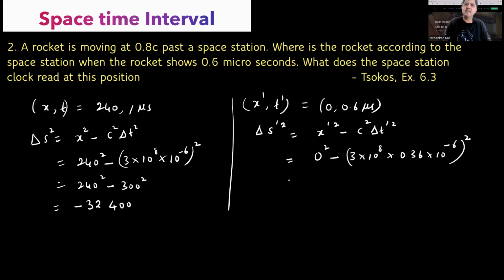Okay, so we'll multiply this and later on we can square this, which should now be equal to minus of 3 into 0.6 is 1.8. 1.8 into 10 to the power of 8 minus 6 is 2, the whole square, which should now be equal to minus of 1.8 is equal to how much? 1.8 into 10 square is 180, and that is 180 the whole square.